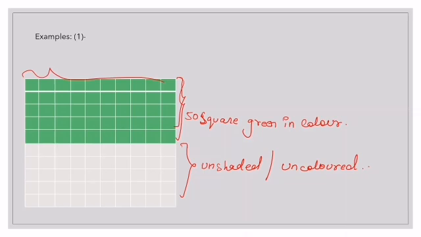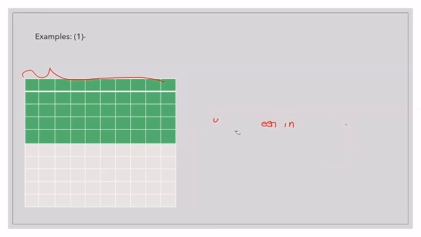Alright, so we have to find out the percentage for the colored squares. So how will you find it out? As you can see from the figure, 50 of the squares are colored out of 100 and 50 of the squares are uncolored.